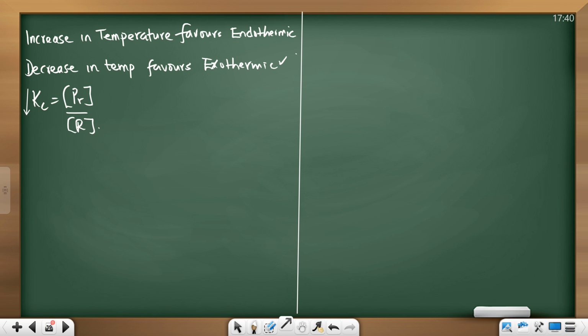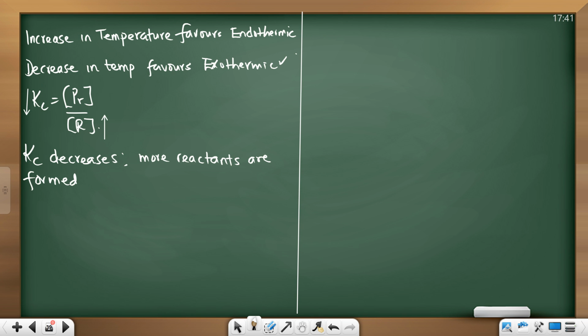The reverse is favored. Because my answer decreases, I'm dividing with a big number. Oh, so Kc decreased means my more reactants are formed.